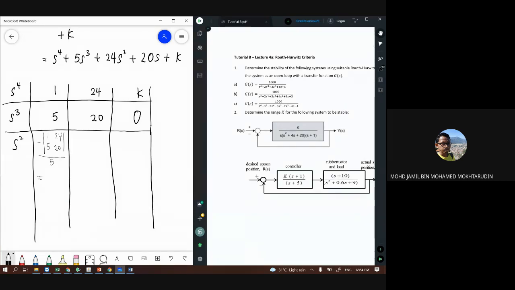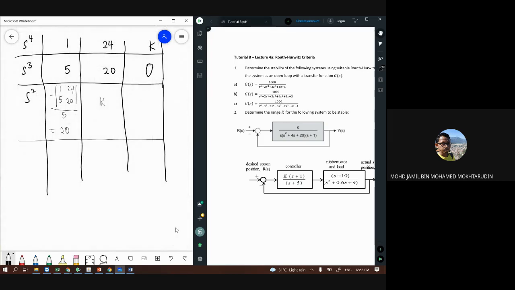So you get 20 minus 120, that is 100, so you get 5. That divided by 5, you get 20. You have to check, okay, is it right? And then the second column, you get K, because there's a 0 here. So you just take the top value K. And then 0 here.